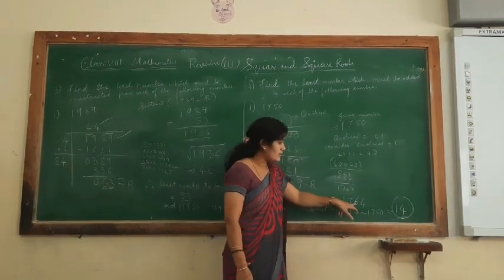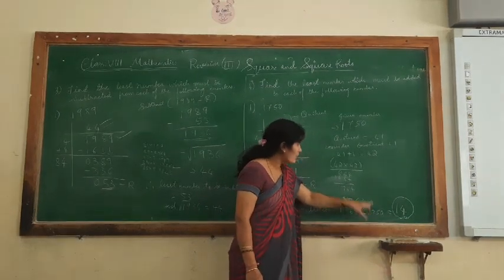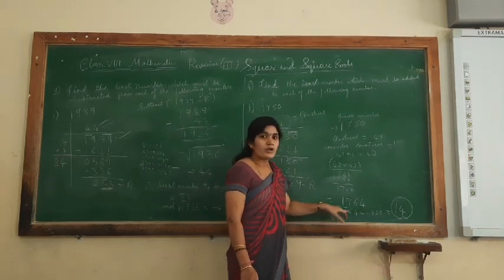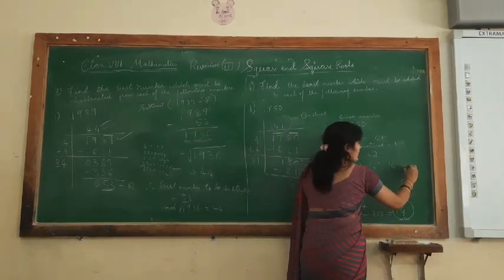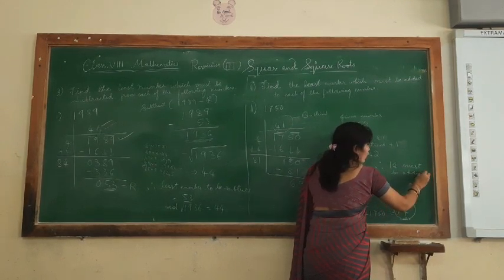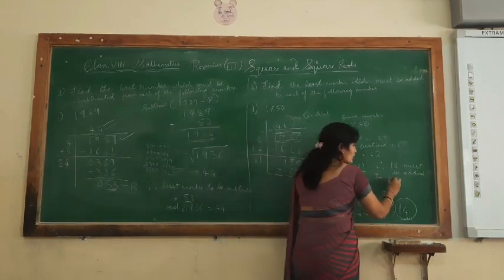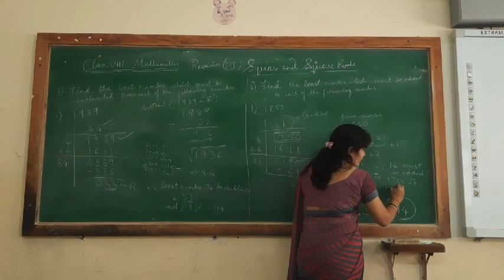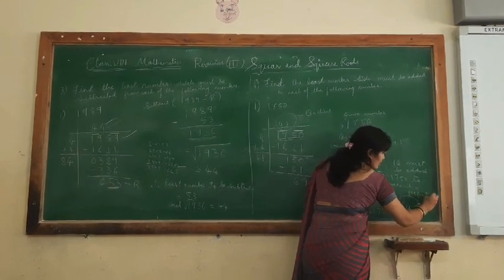So 1764, if you subtract the given number 1750 from this new number, you will get 14. Therefore, 14 must be added to the given number, that is 1750, to make it a perfect square.